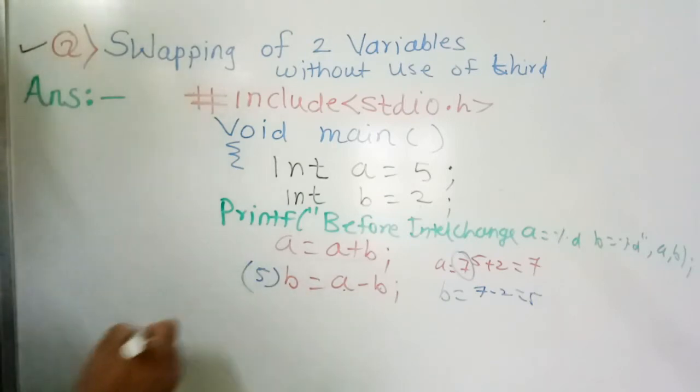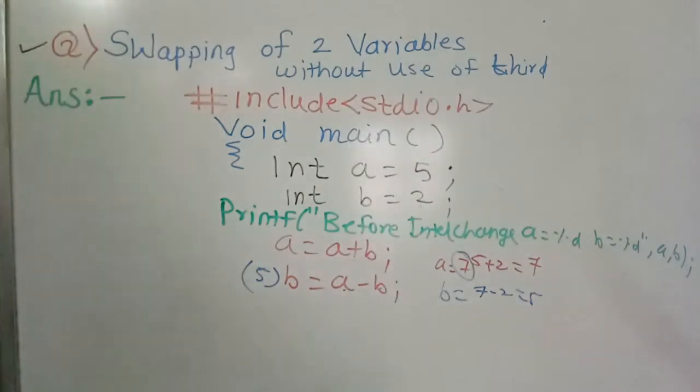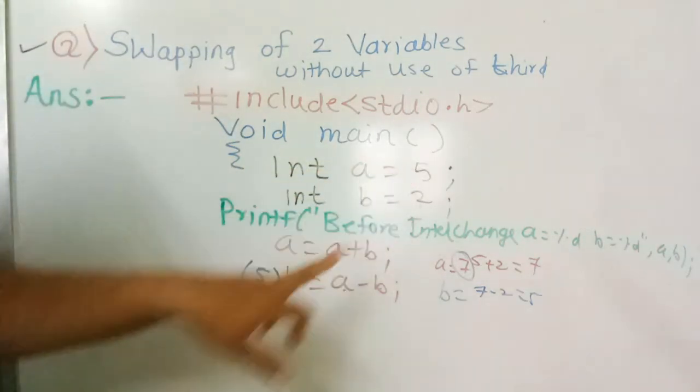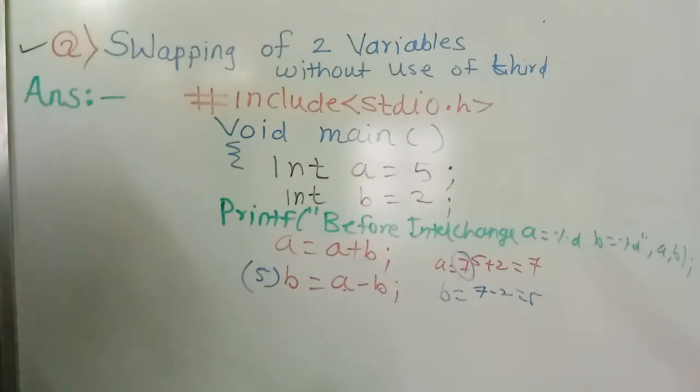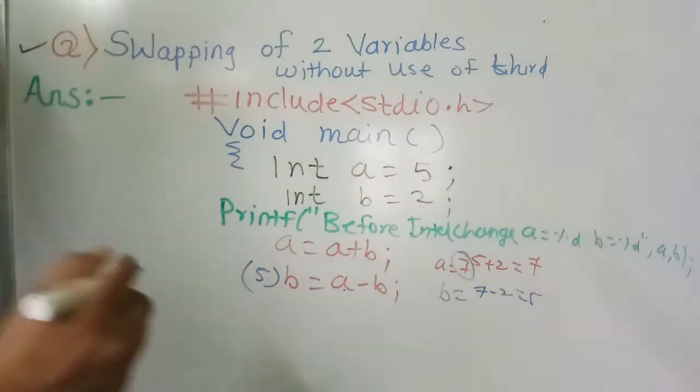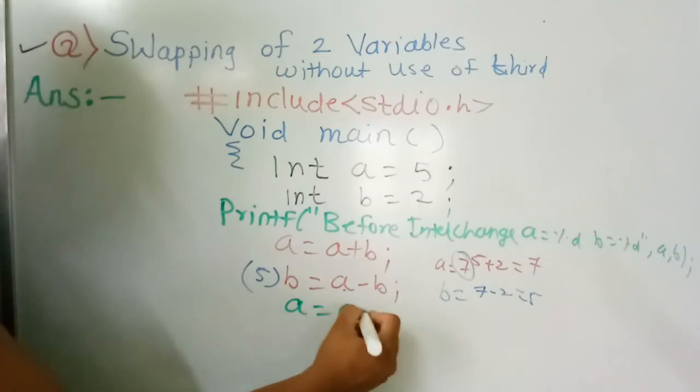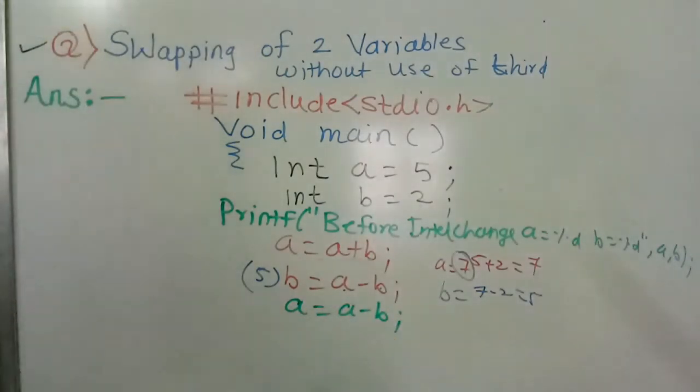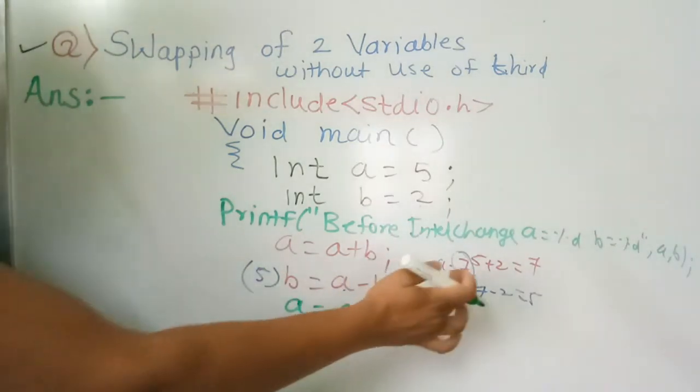Actually, we have accomplished half our task, that is we have transferred A's value to B. Now the task remains, that is we have to only transfer the value of B to A. Now for that we will do A equals to A minus B. A equals to A minus B means what? Now our A was 7.